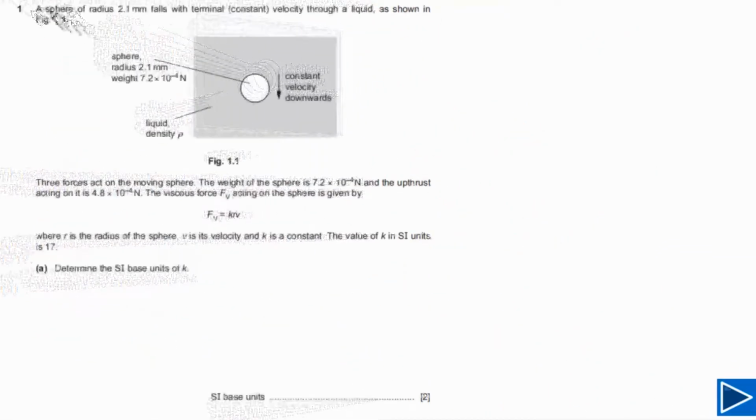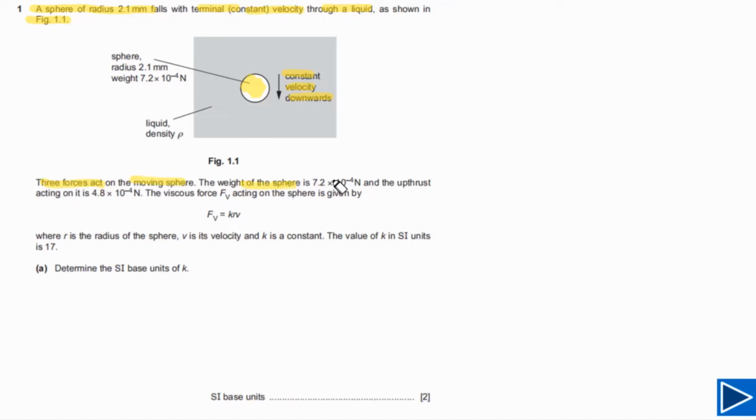For question number 1, it is given to us a sphere of radius 2.1 mm falls with terminal, meaning constant, velocity through a liquid as shown in figure 1.1. You can see this sphere is falling at constant velocity and its direction is downwards. Three forces act on the moving sphere.